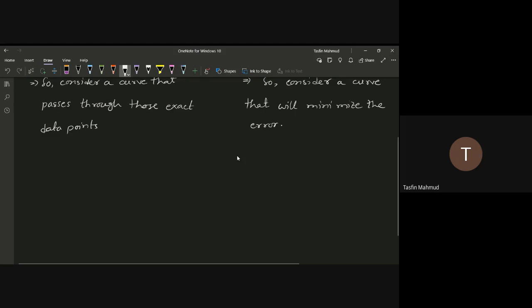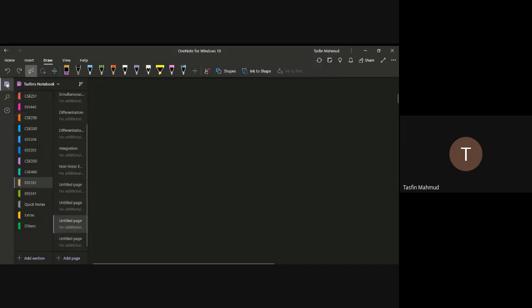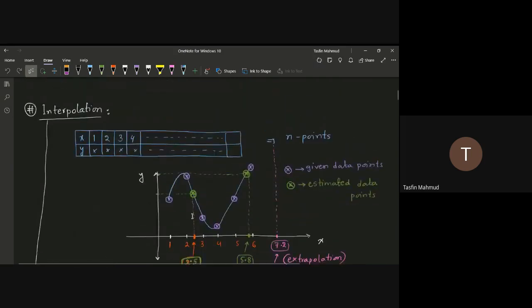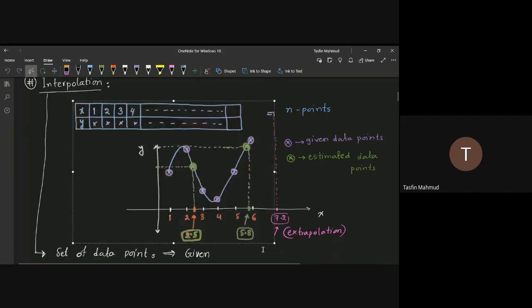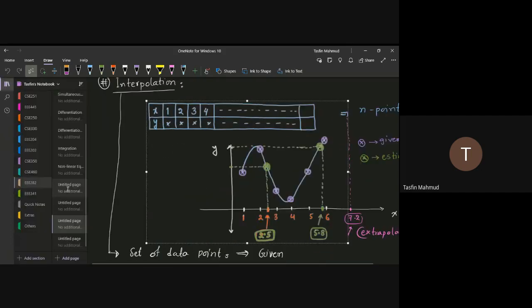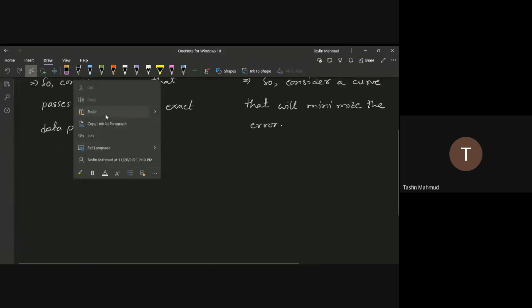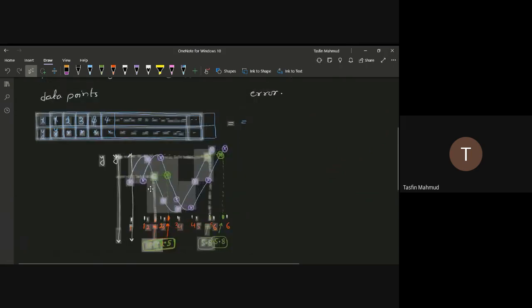Let's explain this thing by drawing a curve. So let's assume this is our x and y axis. Let me copy that curve. So let's consider this curve. This curve was for interpolation, right?